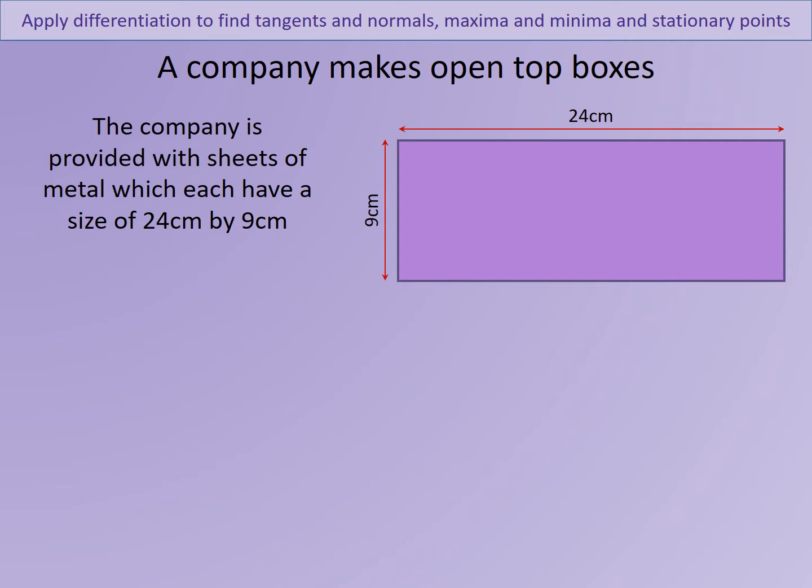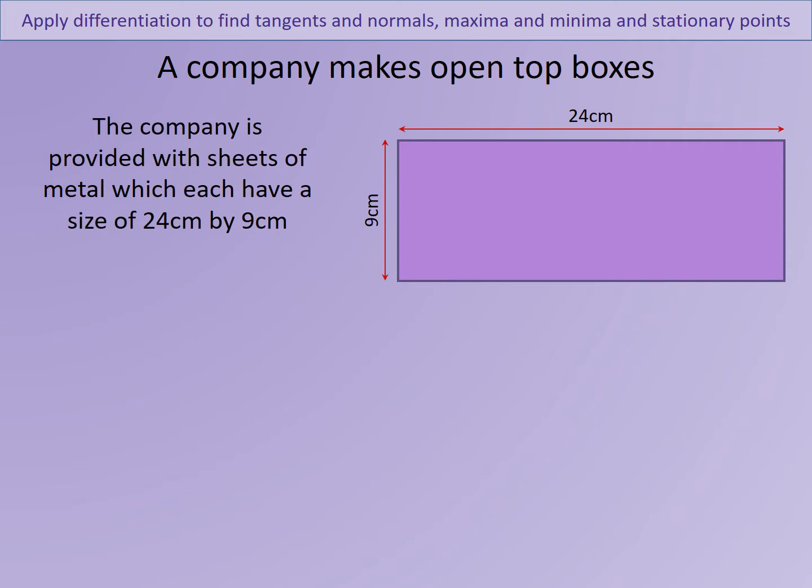So I'm going to show you an example because these real life examples come up a lot within the A-level maths course, and as I say, the whole idea of being able to take a real life question and solve it using differentiation techniques is called optimization.